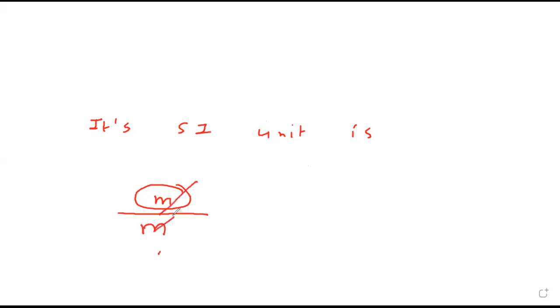So meter will get cancelled. So whatever is the unit of this temperature, same will be the unit of alpha in reciprocal. So can I say SI unit is per Kelvin, or K raised to minus 1.